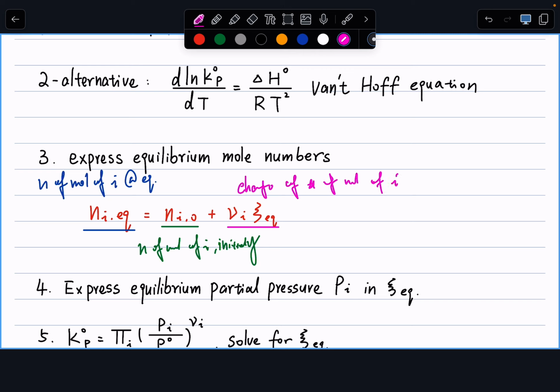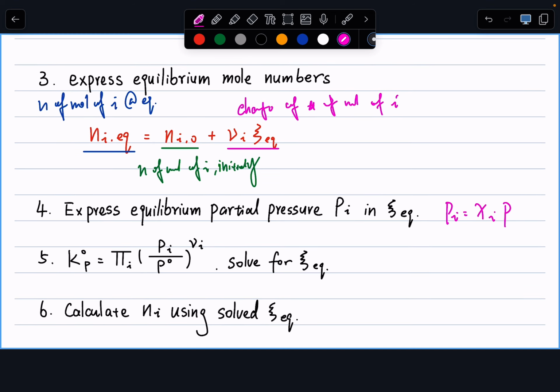And with this in hand, we can express our partial pressure, Pi, as a function of C, the extent of reaction at equilibrium. My Pi equals the mole fraction times the total pressure.